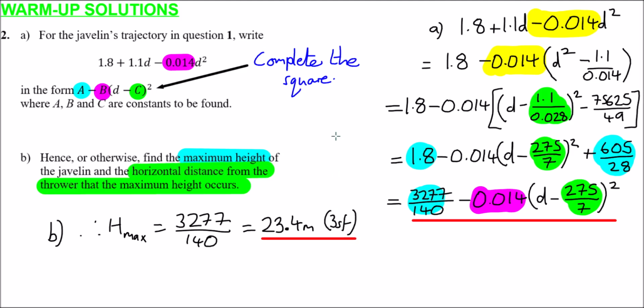And then we can think about when that horizontal distance occurs. So it's going to be when it's 275 over 7 meters away from where it was thrown.